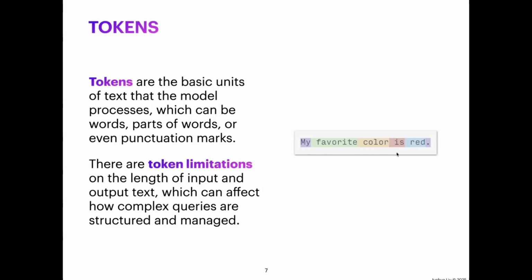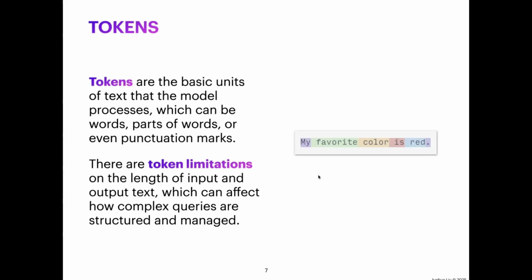If you look at this very simple sentence, "my favorite color is red," every color-coded part of text is considered a token. You can see here, "my" is a token, "favorite" with the trailing space is a token, and the space "color" is a token, and so on. And lastly, the full stop is also a token.